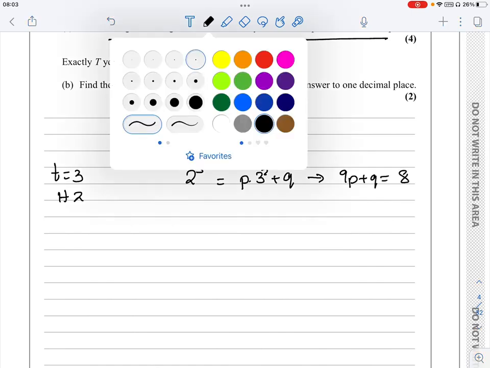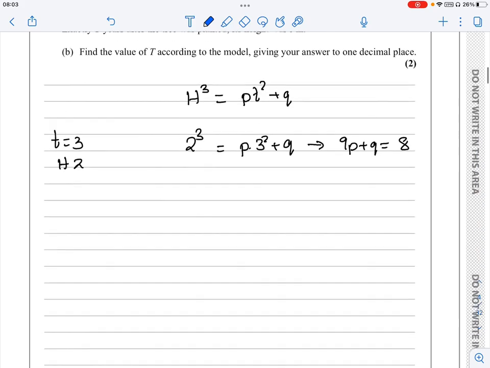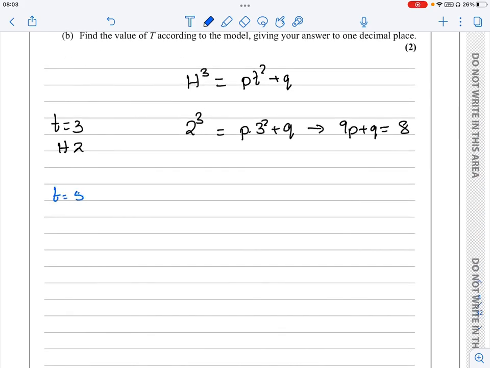Similarly, t equals 5, h equals 2.5. So what should I be doing there? Another equation.